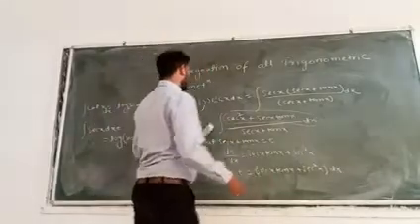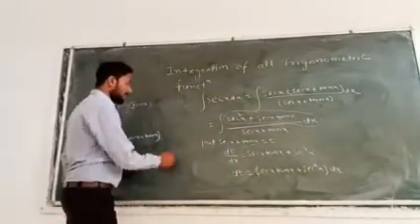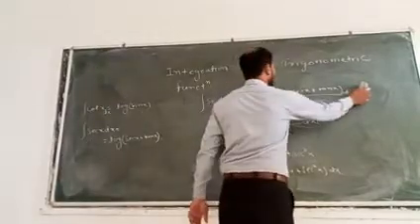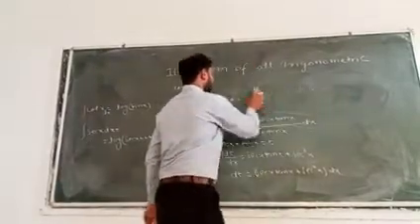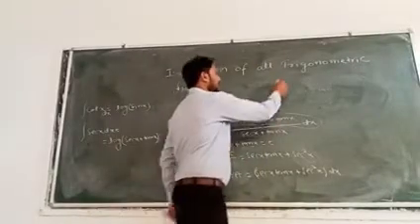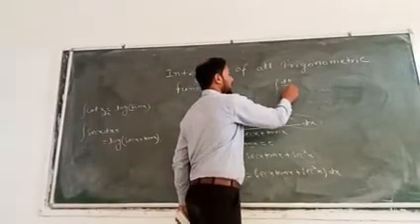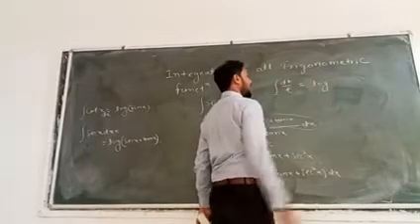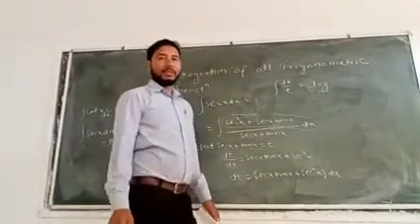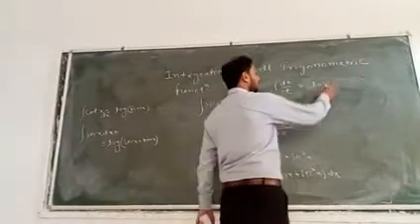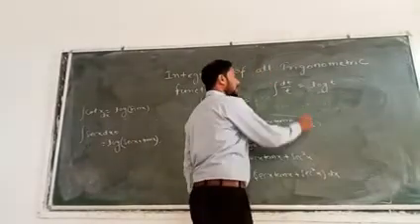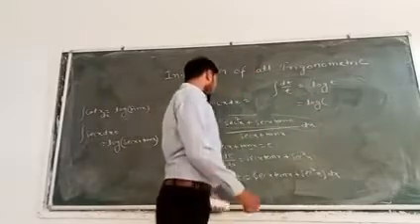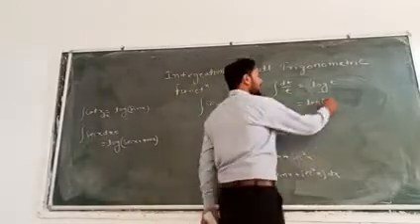Then we have the integration of dt upon t. We know very well that the integration of dt upon t will be log t. Now putting the value of t, we find log of sec x plus tan x.